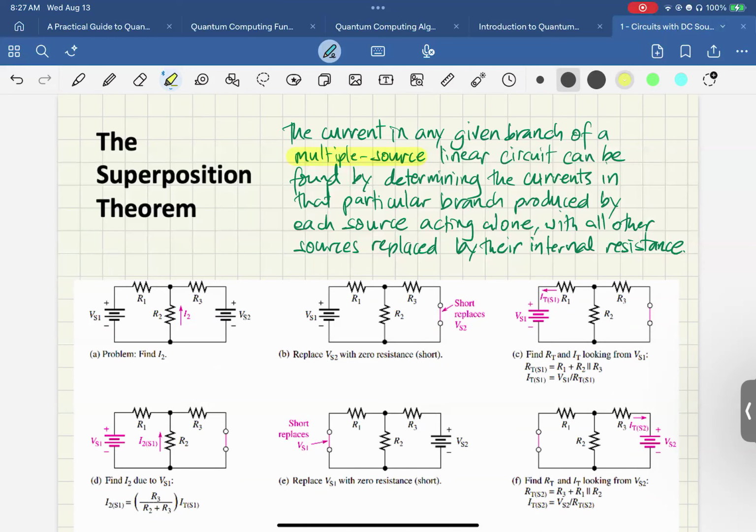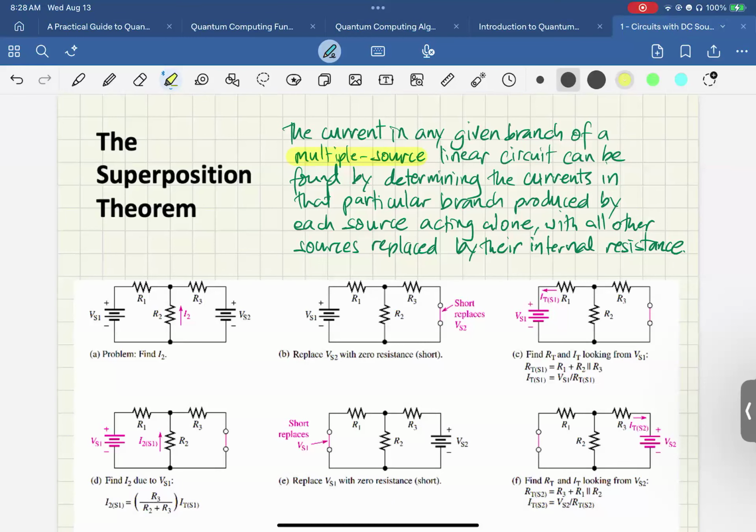Alamin mo yung current as a result. Tapos yung total current, you can get by adding yung dalawang currents na yun. So that's why this is called a superposition. You can get the total current by simply removing or replacing one of the voltage sources with a short or its internal resistance at a time.